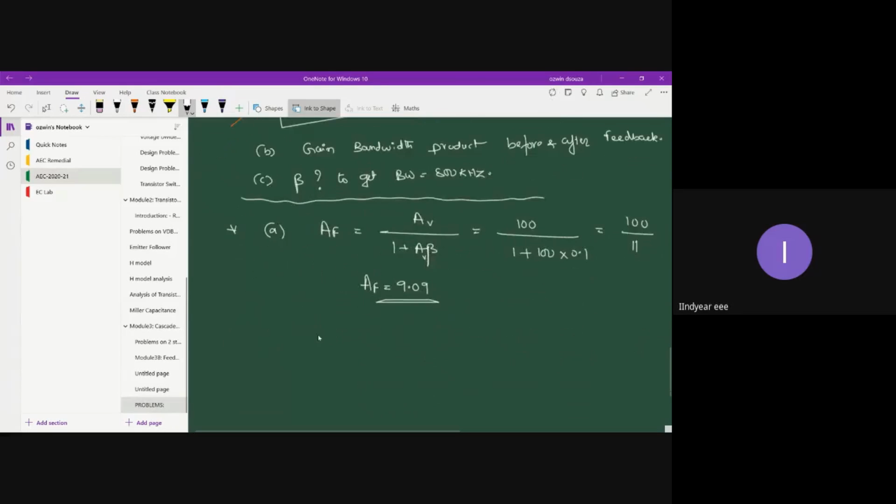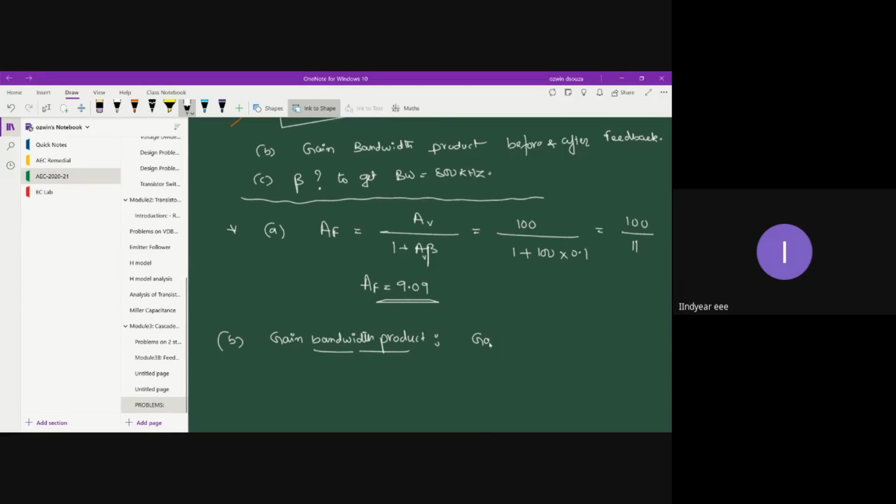Now, second part, gain bandwidth product. Again, for the first time, we are hearing this word, right? Gain bandwidth product is nothing but a pretty straightforward definition. It's a product of gain and bandwidth. That's all.